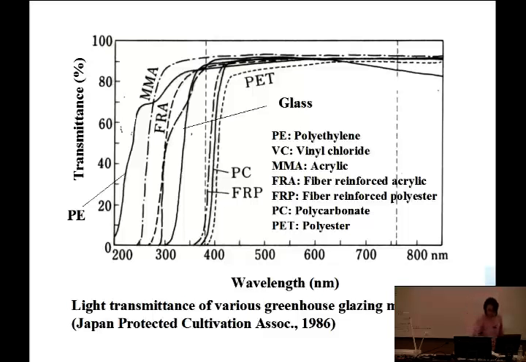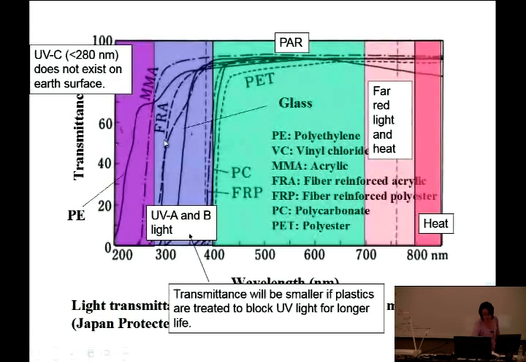All right. So this is a summary of the light quality relative to the greenhouse glazing. What is important? UVA and UVB; UVC doesn't exist in terms of sunlight. Many materials differ in transmission in that range. Far red is almost the same, and heat is slightly different.